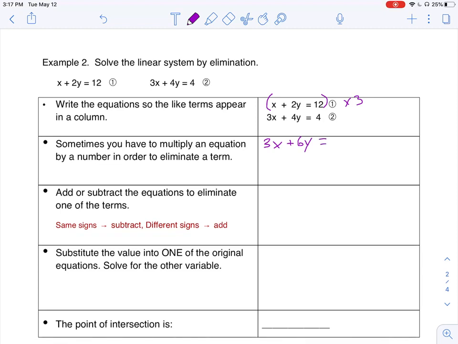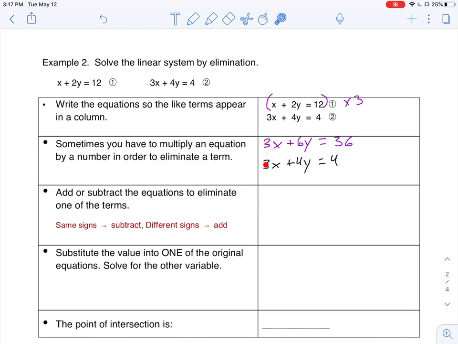And then 3 times 12 gives me 36. So now I have my new equation, and if I take that other equation and bring it down, that other equation was 3x plus 4y equals 4. Now I have my x term with the same coefficient of 3.